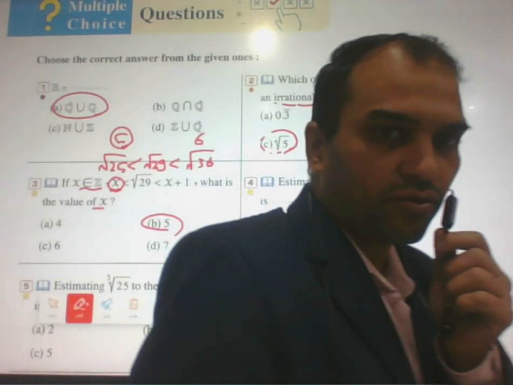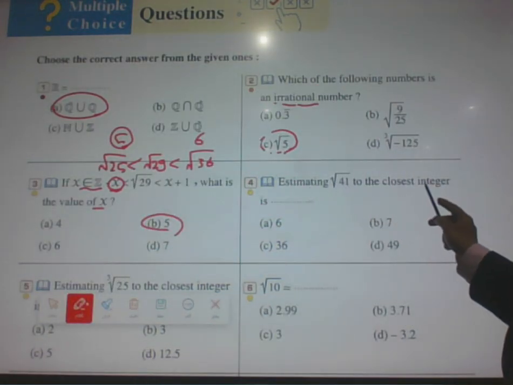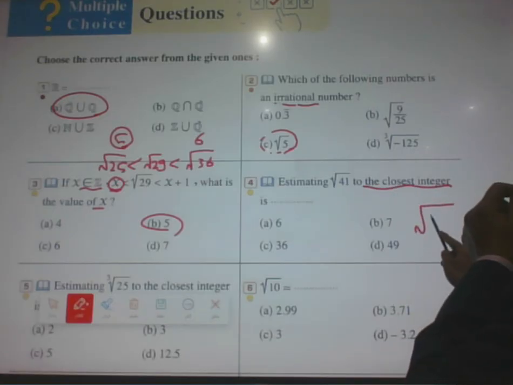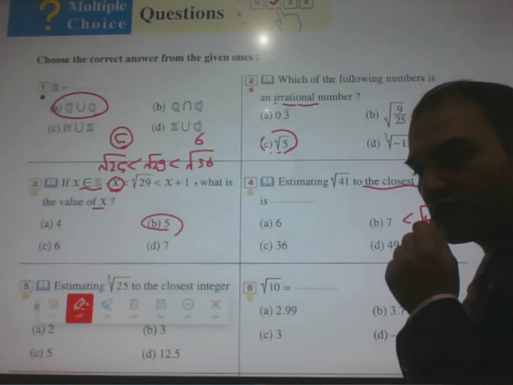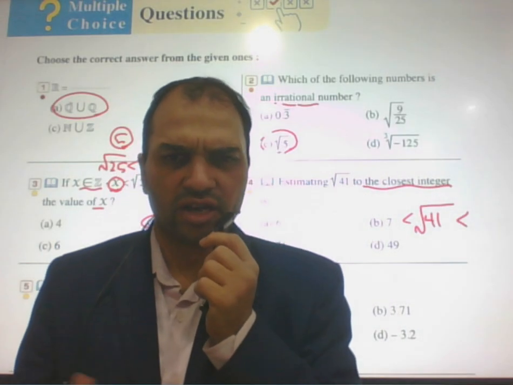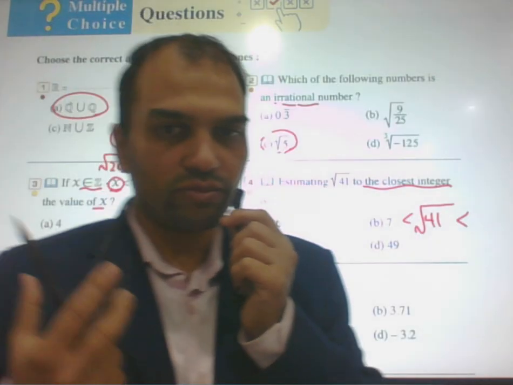Next question, number 4: estimating square root of 41 to the closest integer. Square root of 41 is greater than or less than... We can put this number between two whole numbers whose square roots we can find. The number just before 41 is 36.